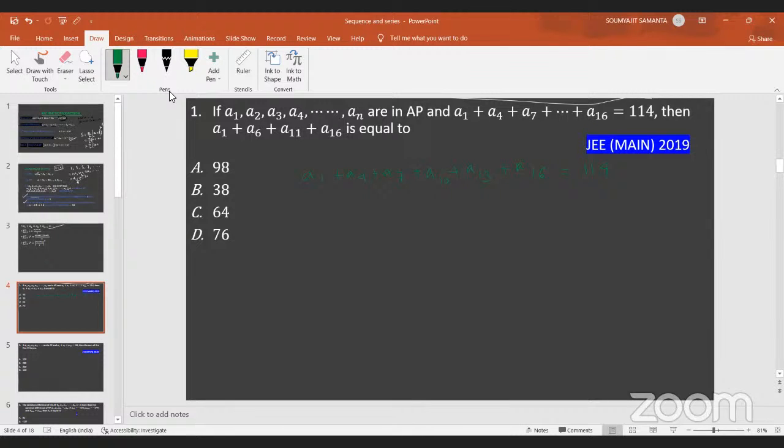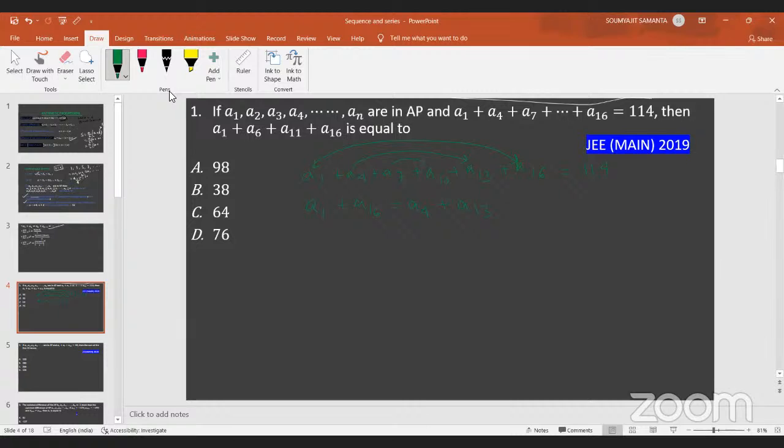What I have told you: if we take the sum of the lower suffixes, that is 1 and 16, so A1 plus A16, 1 plus 16 will be 17. So A4 and A13 add up the same, and then A7 and A10.